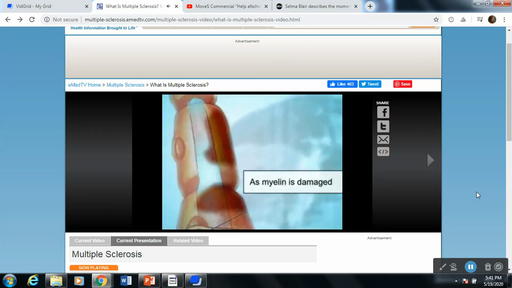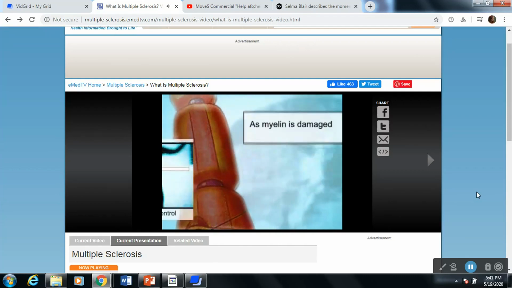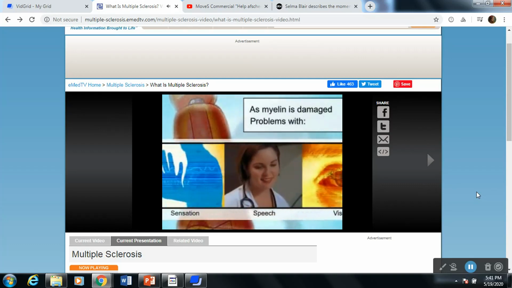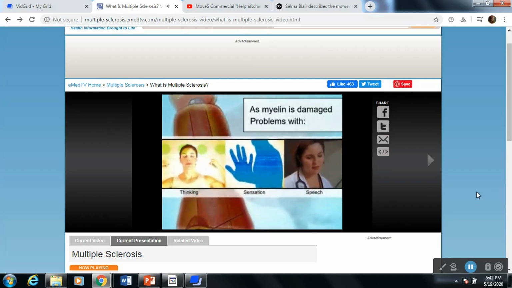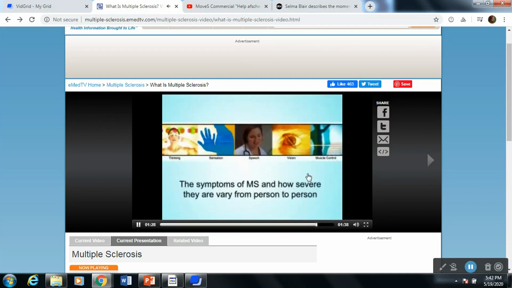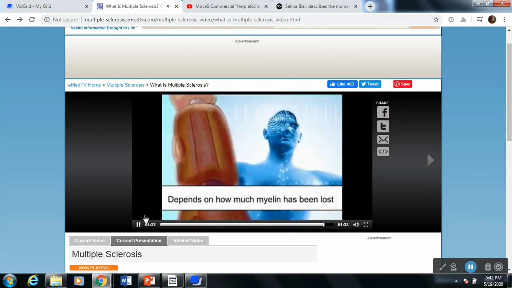As the myelin sheath becomes damaged, the electric signals have a harder time getting through or become blocked entirely. As the damage progresses, this leads to problems with your muscle control, vision, speech, sensation, and even your thinking. The symptoms of MS and how severe they are vary from person to person. This depends on how much myelin has been lost and what parts of the central nervous system are affected.